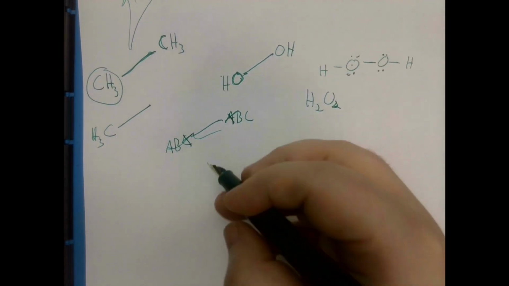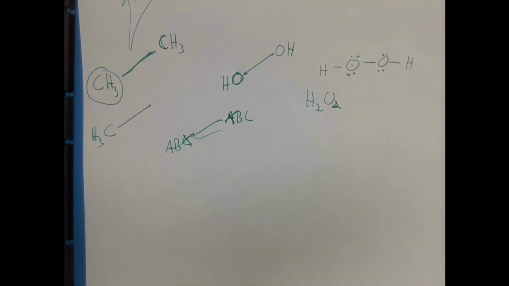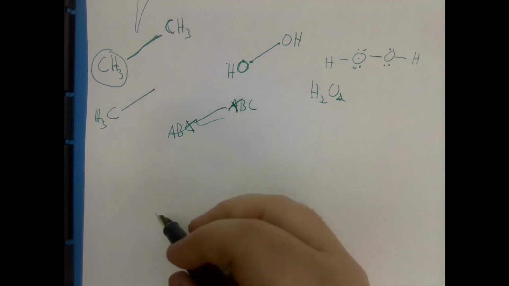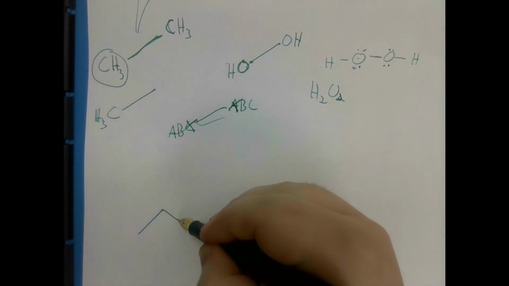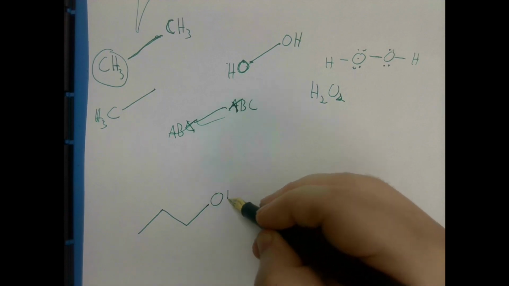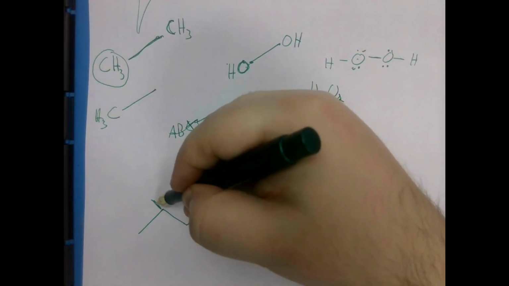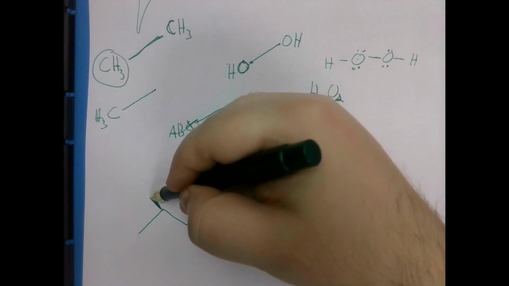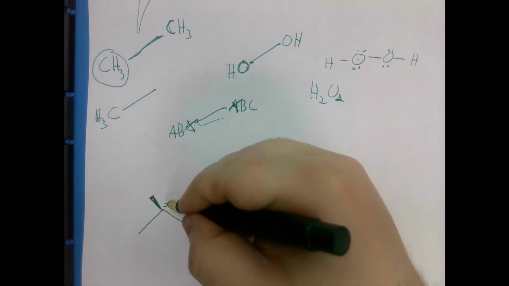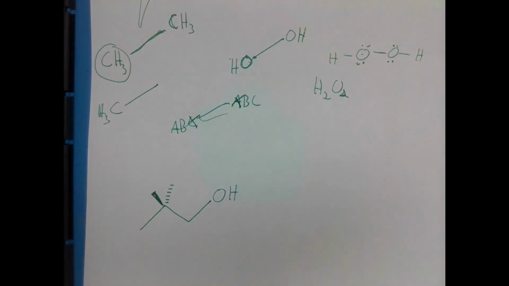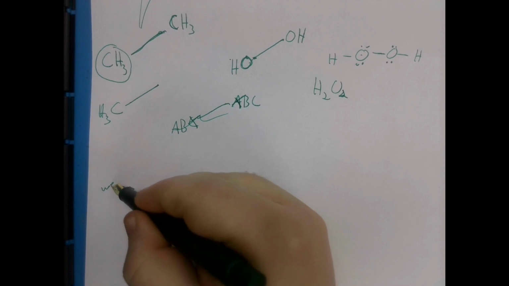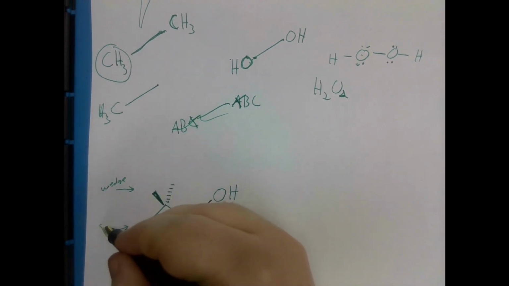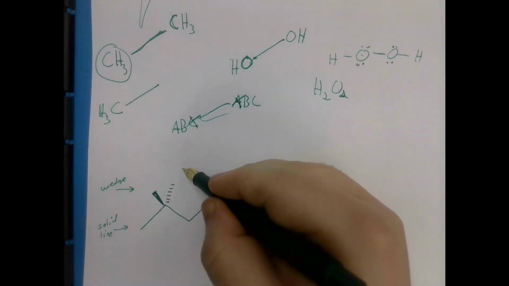The other thing I want to do is this little diagram. Do y'all remember what these are? This is called a wedge. This is called a solid line. This is called a dashed line.